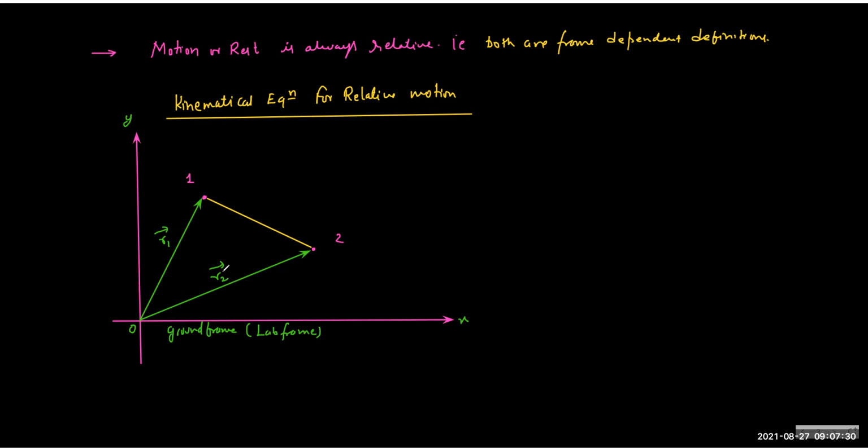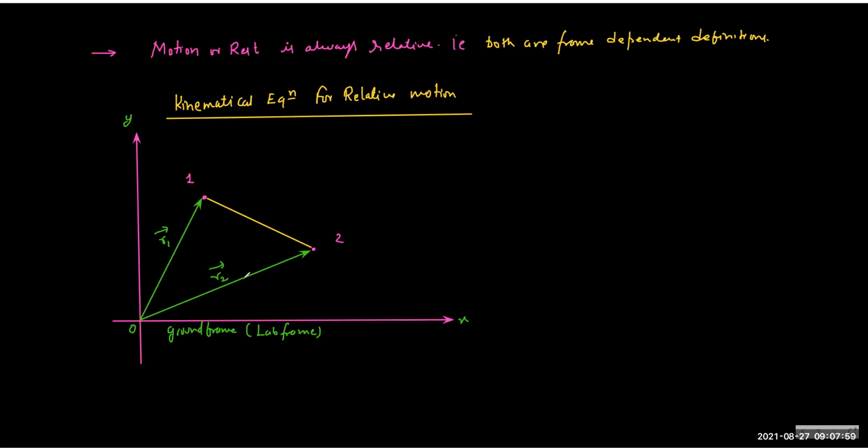R1, R2 are single subscript notation. When we use the single subscript notation, it means by default the other observer is the origin or the ground. This is understood if I'm not mentioning it explicitly, and so we know that we are observing from the ground frame.